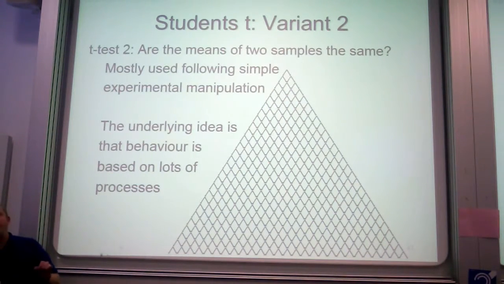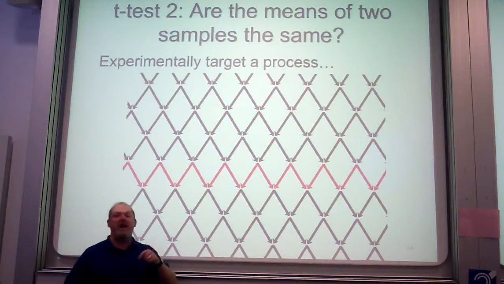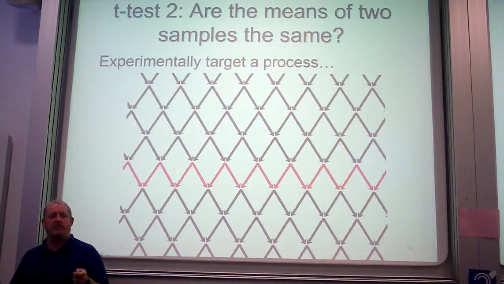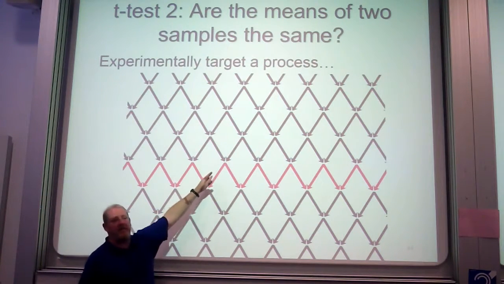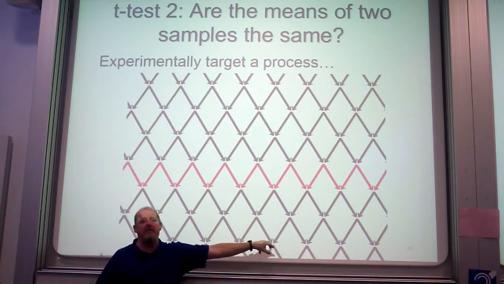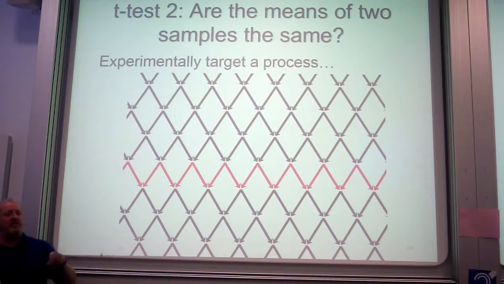What we're really asking when we're doing an experimental manipulation is, have we managed to change one or more of those processes? Have we managed to bias the dependent variable, our output measure, either down a little bit or up a bit by the change that we have done externally, the change that we've manipulated experimentally?